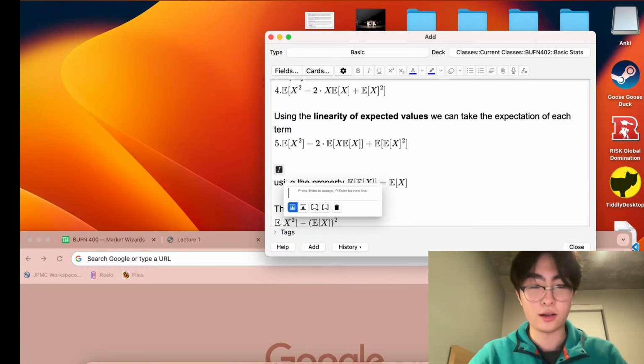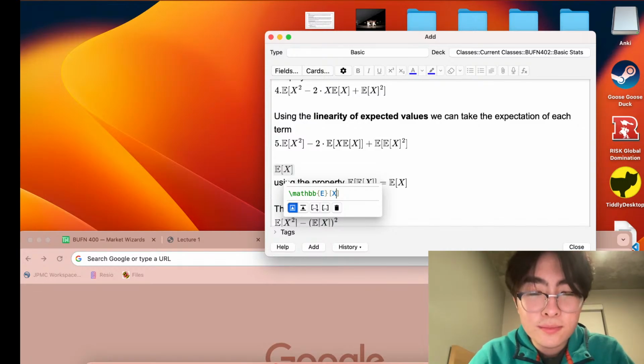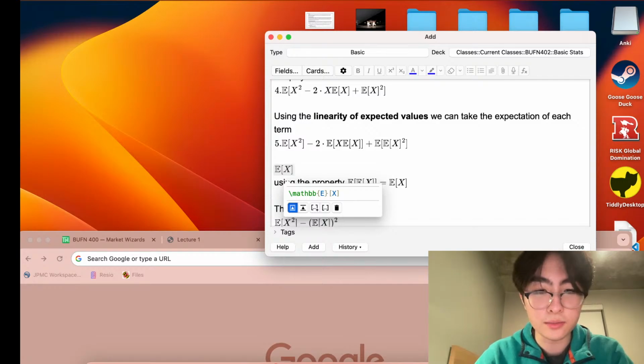So I think what we can claim here is that expectation of x times the expectation of x.